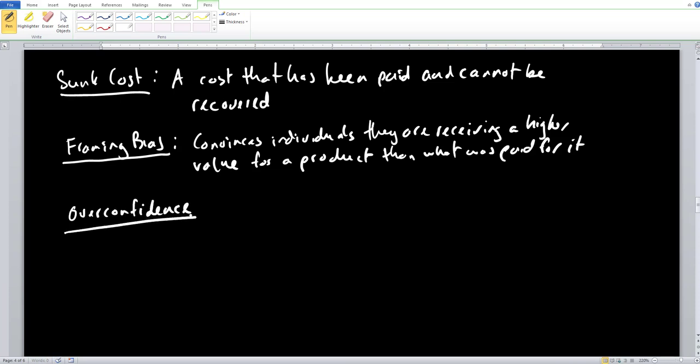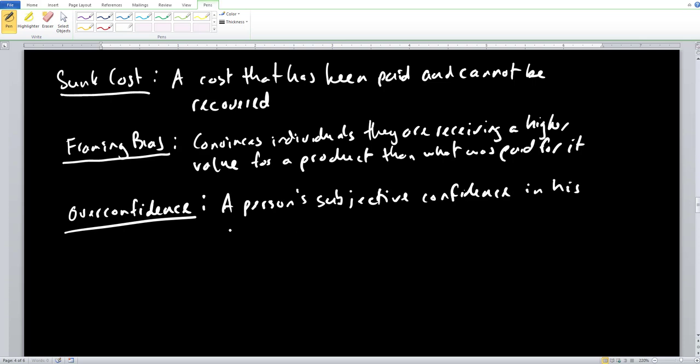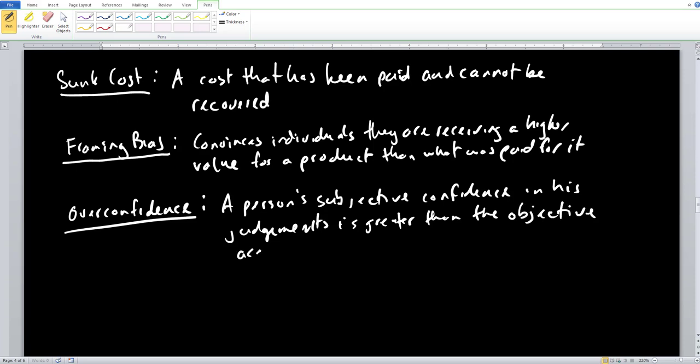With overconfidence, a person's subjective confidence in his judgments is greater than the objective accuracy of those judgments.